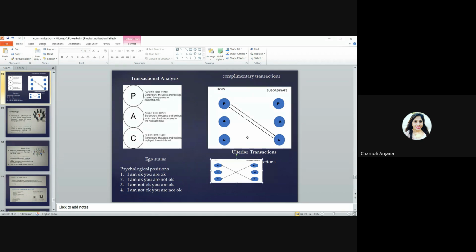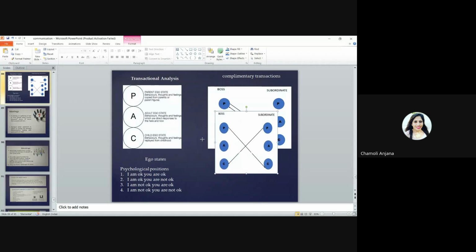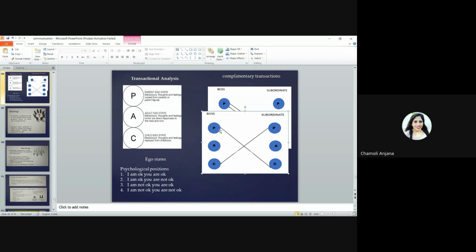Then you have the cross transaction. In cross transaction, the stimulus and response are not parallel to each other. That means they're assuming different roles here. So when a boss is questioning the employee, he's acting as a parent, and he's treating his employee as a child, saying, why are you late?